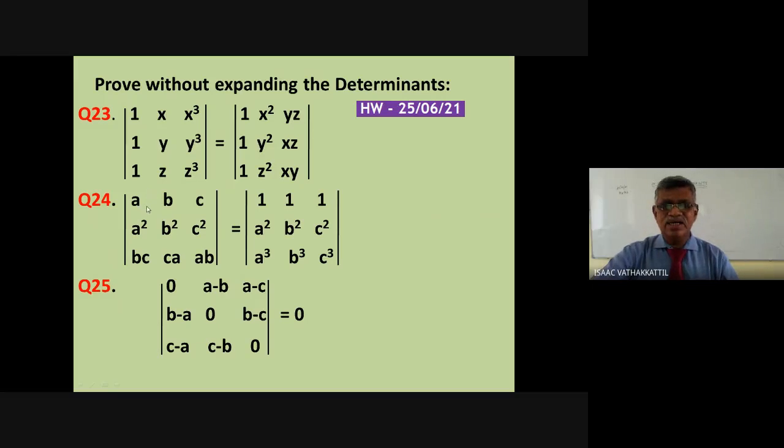And the second one, again you have to prove these two determinants equal: ABC, A squared, B squared, C squared, BC, CA, AB, and the right side is 1, 1, 1, A squared, B squared, C squared, A cube, B cube, C cube. Simple going, not very hard. You should try.